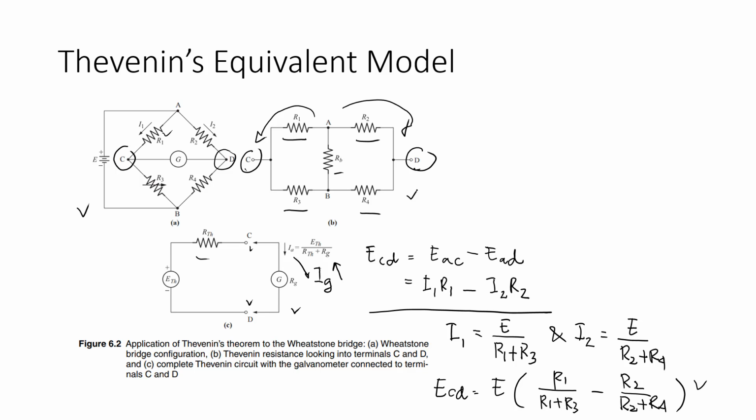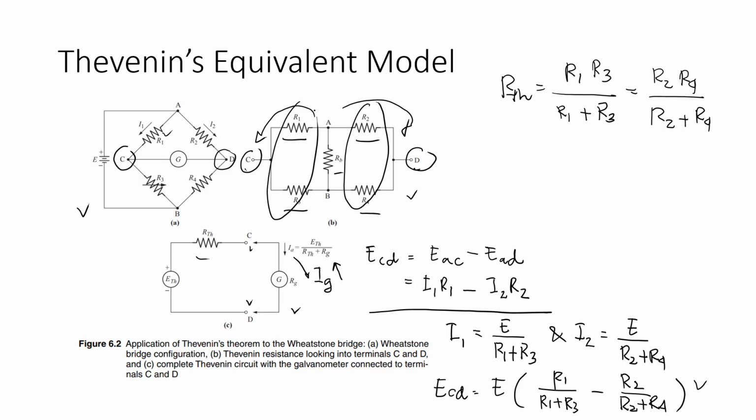R Thevenin is equal to R1 R3 over R1 plus R3, the parallel connection of R1 and R3, plus R2 R4 over R2 plus R4. Because this is parallel and this is parallel, R Thevenin is the parallel connection of R1 and R3 together with R2 and R4.